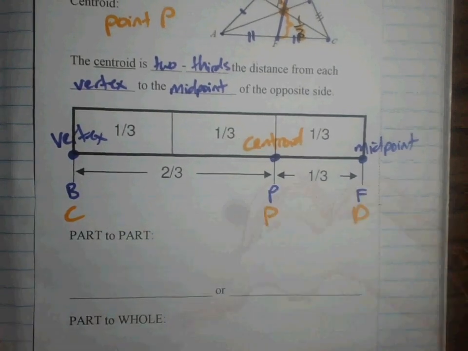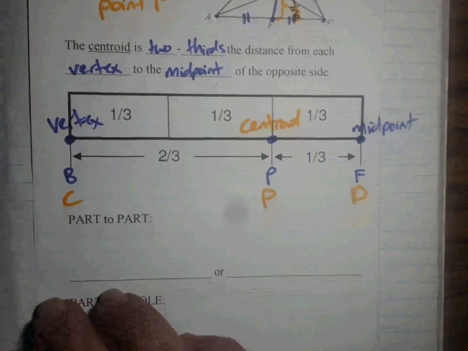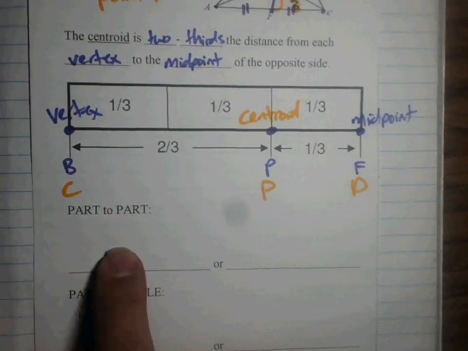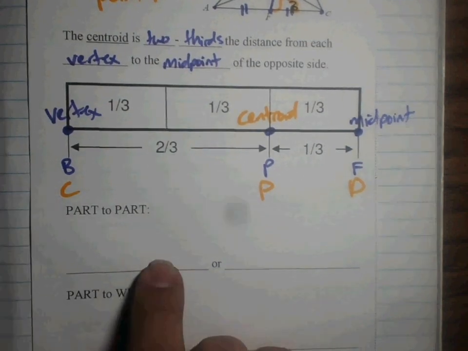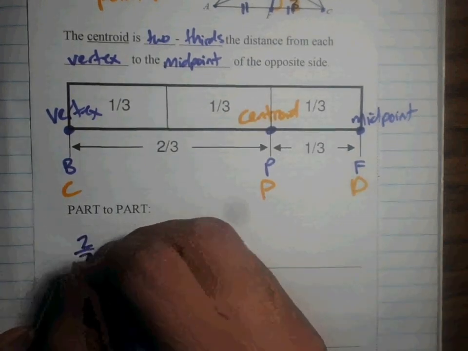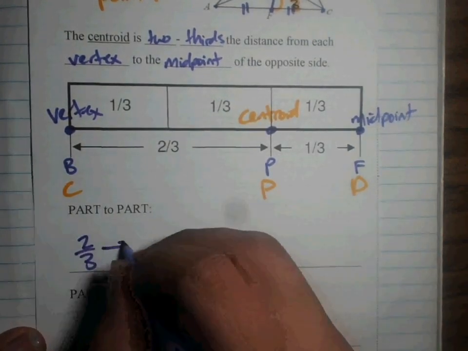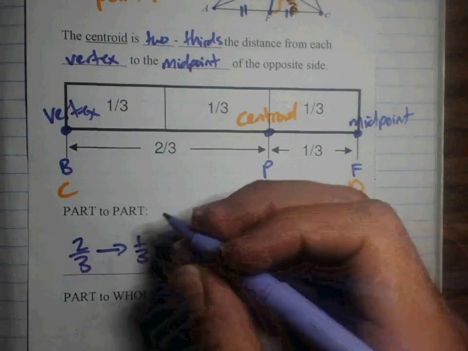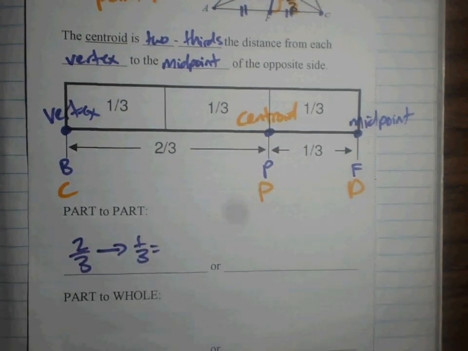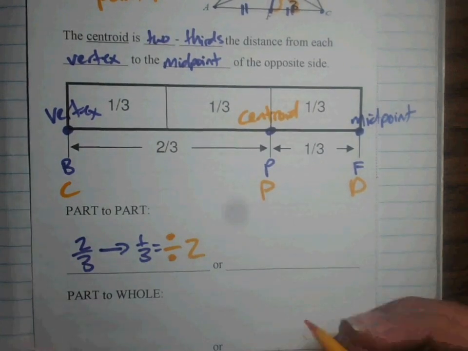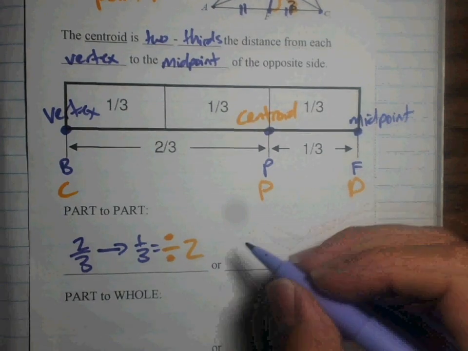So the way you can think about this, from part to part: if you have the 2/3 part and you want to get the 1/3 part, you divide by 2. If you have the 1/3 piece and want the 2/3 piece, you multiply times 2.